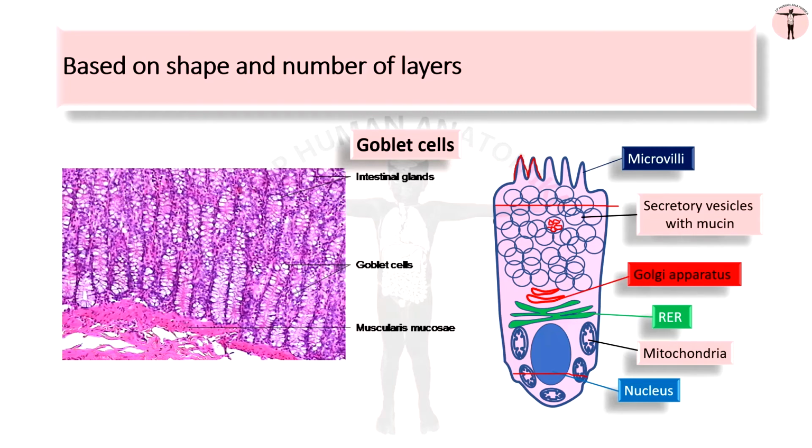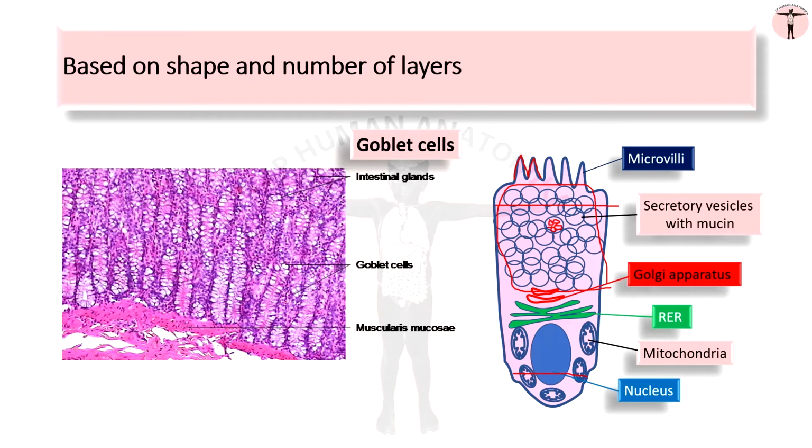Because these granules are washed off, the apical portion of the goblet cells stains pale; it takes up very light stain.